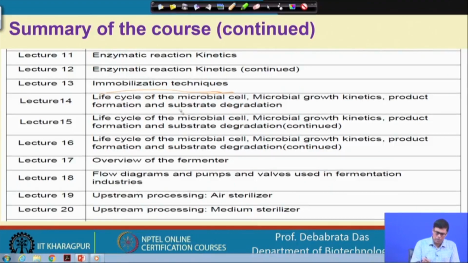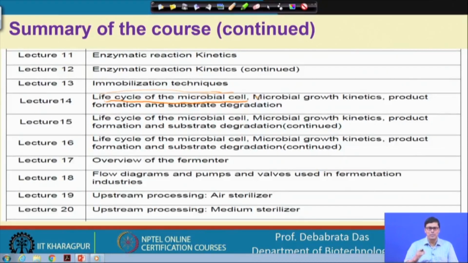Then after covering all these things, I switched over to the microbial system. Initially, I discussed the life cycle of the microbial cells, which is very important. I discussed that we have lag phase, log phase, stationary phase, and death phase, and every phase has its own significance. Lag phase is called the acclimatization phase, log phase is called the active phase, and stationary phase is called the starvation phase.